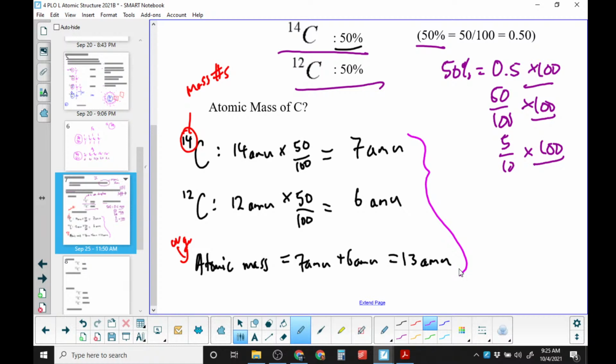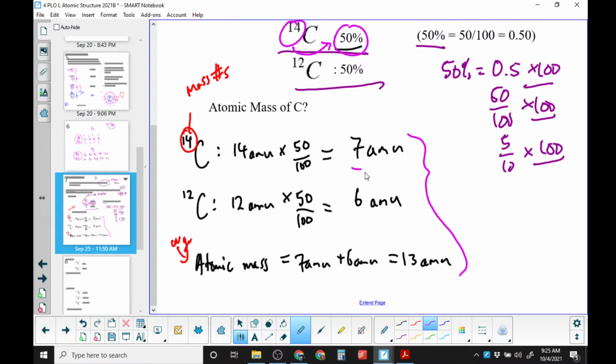So I took the mass number and multiplied it by the percentage that there was of it. That 50 over 100 comes from here because 50% just means 50 over 100, or 0.5 if you want to do it right away. And 14 times 0.5 is 7.